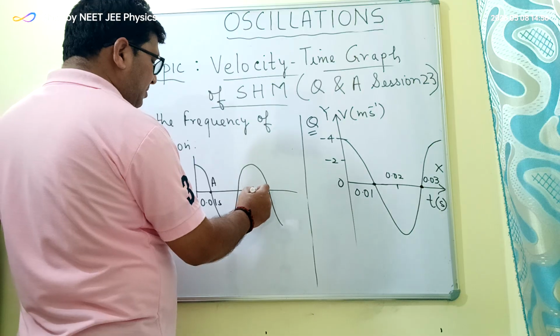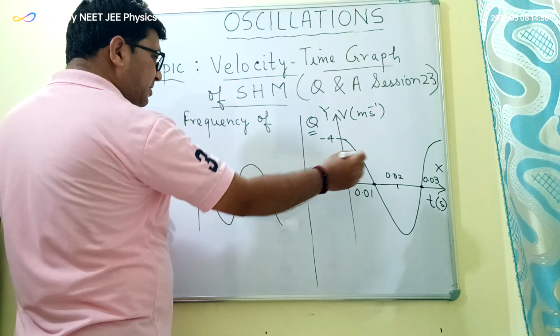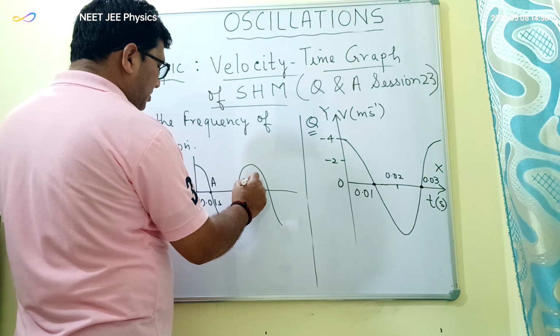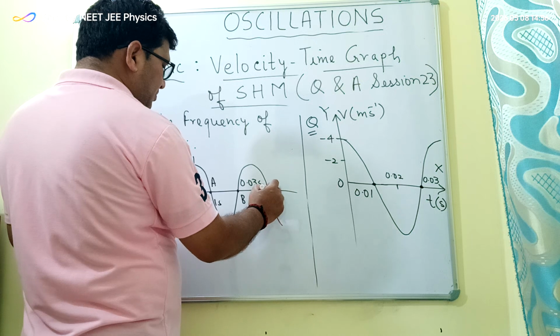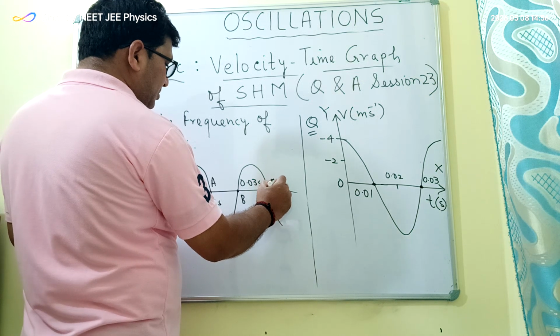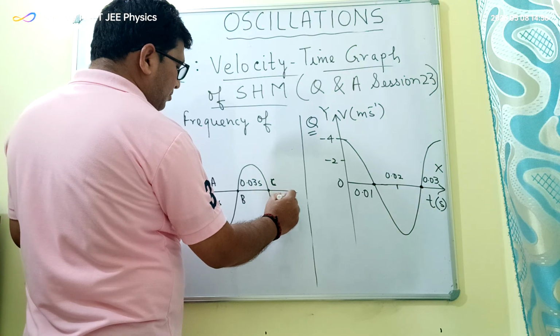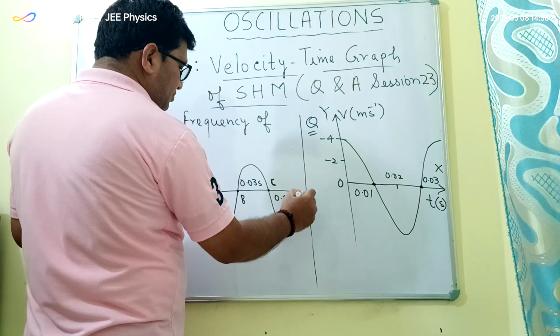Then we have got one more point, let us say this is the point B. So this point is at time 0.03 seconds. So this point, say C, this will be at time 0.05 second.